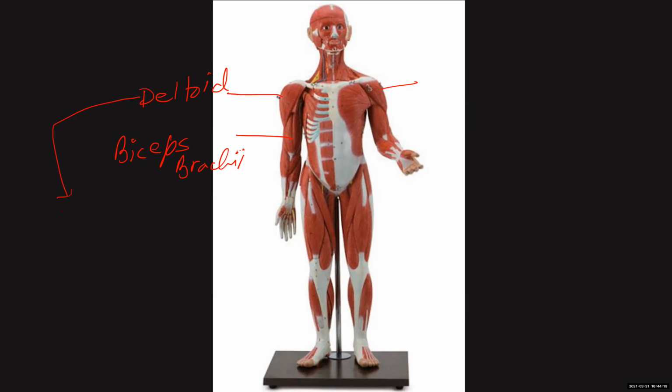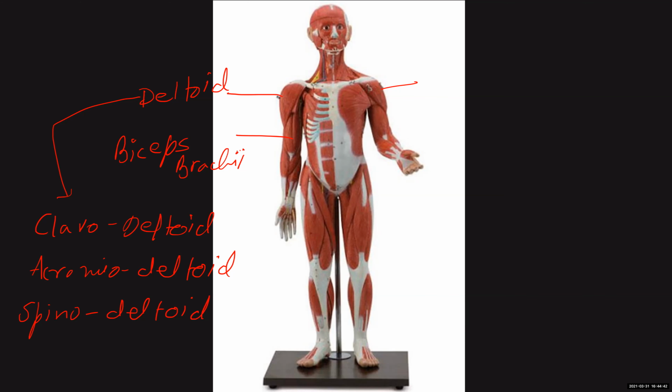It's not as clearly separated in humans, but the muscle deltoid is made of three segments: clavodeltoid, acromiodeltoid, recall we learned these terms for trapezius, and spinodeltoid.